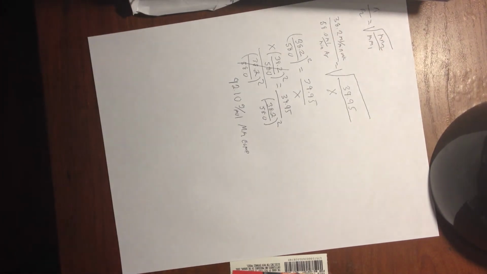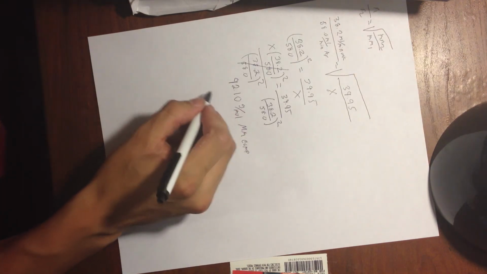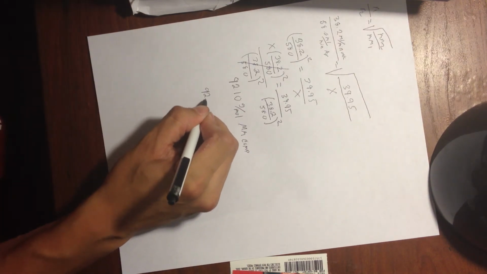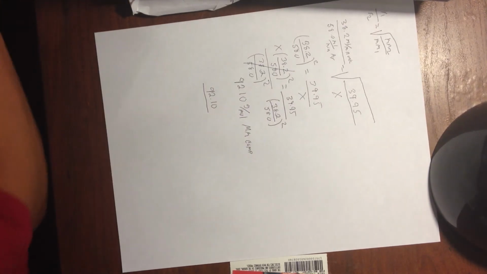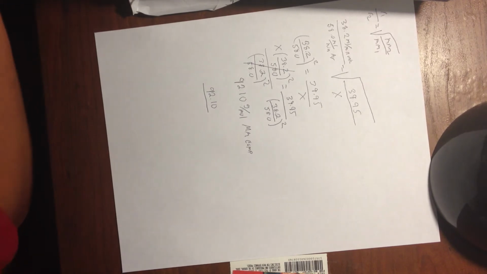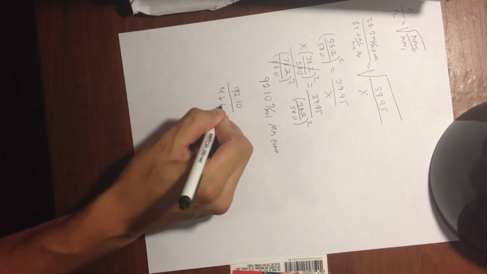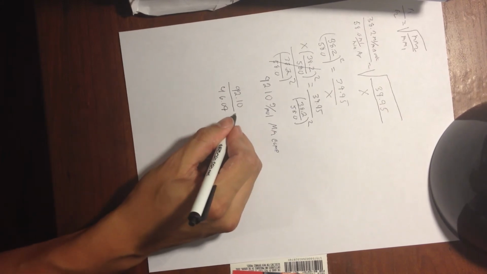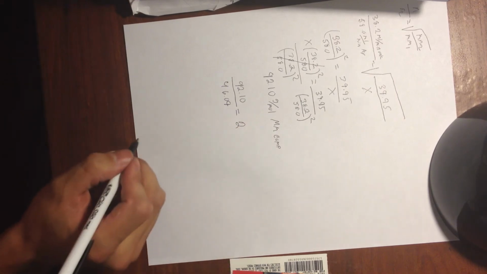Now to get the molecular formula, we're going to divide our molar mass that we just found, which is the 92.10, by the molar mass of the empirical formula, which was 46.09. And after you divide these two, you should get around 2.